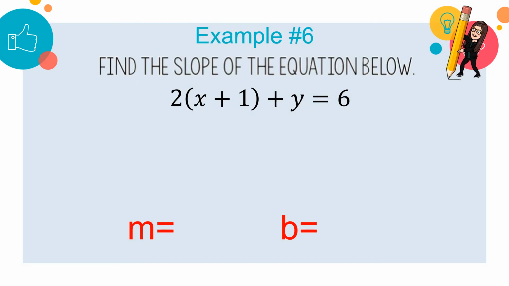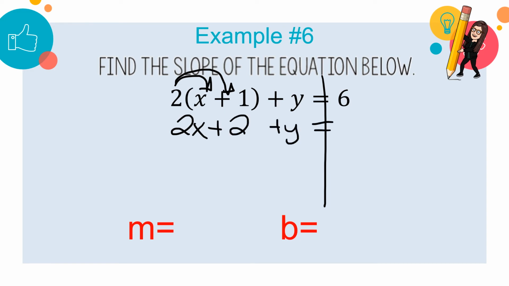And our last example, I chose one that has some parentheses. Now remember, when there's parentheses, we want to distribute right away. When we distribute, we multiply. Everything else falls down. Next, if I'm isolating y, y stays. Instead of +2, -2. 2x and +y fall down. 6 minus 2, I can actually subtract those.